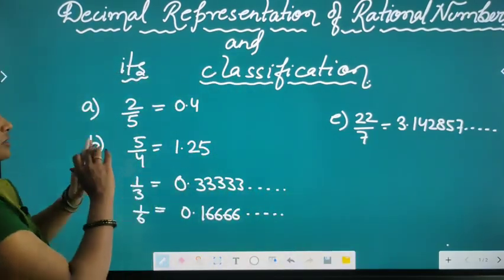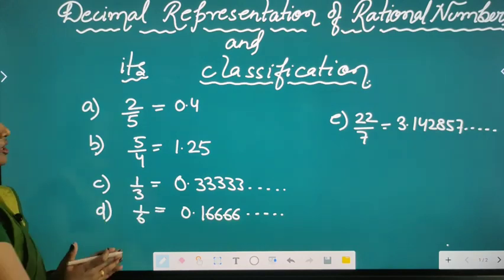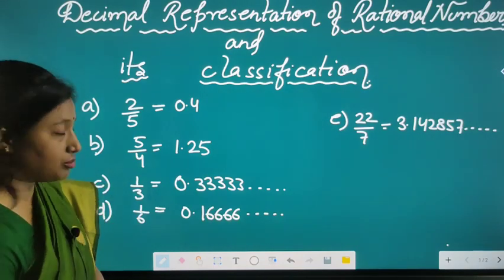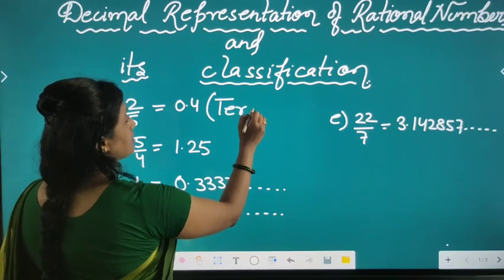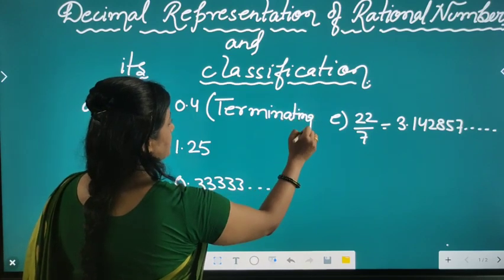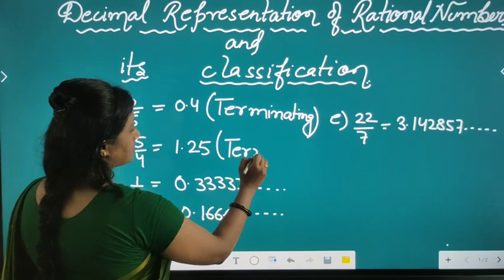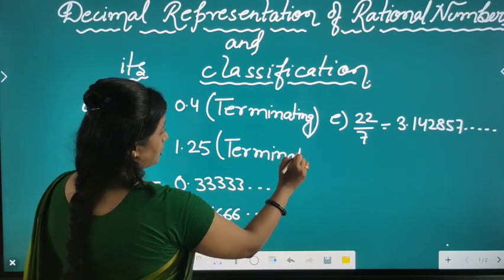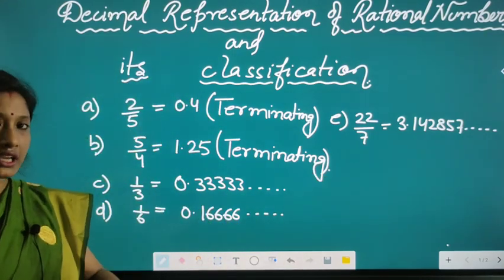So let me categorize all these decimal representations of rational numbers into terminating and non-terminating. Look at 0.4. We will say that this is a terminating decimal number. 1.25, once again we will say this is terminating. Terminating means end, stop.